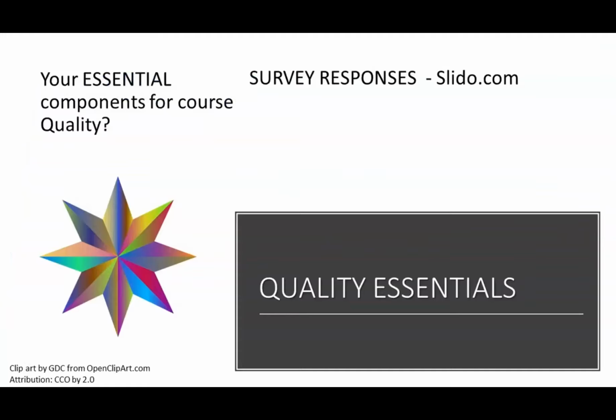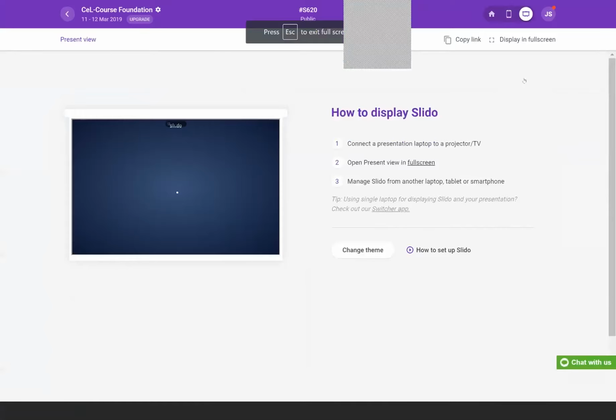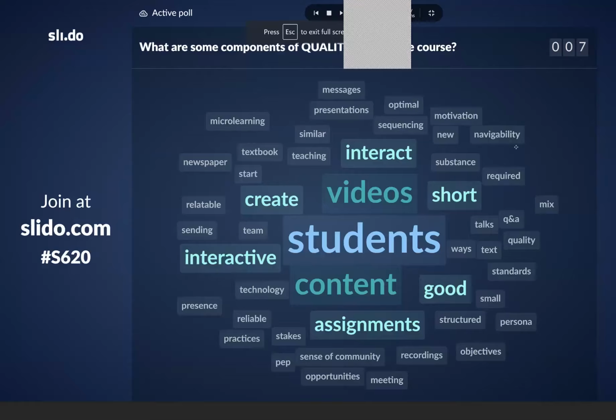So here's where we are going to take a look at what you have, your components for quality. I'm shifting the screen over. All right, beautiful. I love all the comments that we have in there.